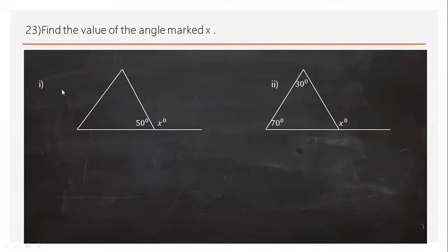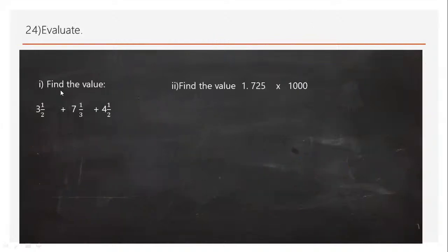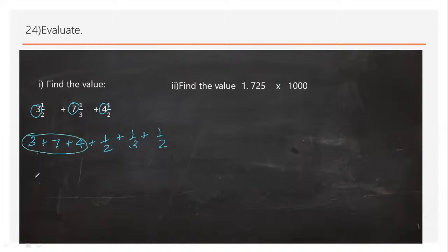Question 24. Evaluate, find the value. This also has fractions. 3 plus 7 plus 4, the whole numerical parts, add together, plus a half plus 1/3 plus a half. 3 and 7 is 10, and 4 is 14, plus.